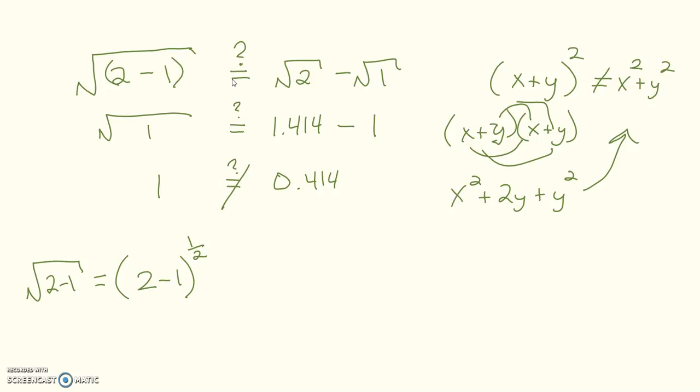Now, if I look at it like this and treat it the same way I treat things like squared, granted to the 1/2 I can't easily write out 2 minus 1 times 2 minus 1, but I can think of it as, what do I multiply by itself to get 2 minus 1? And that's what the square root means, that's what the 1/2 power means. But if you're just manipulating things algebraically, you should maybe consider learning to write radicals as fractional exponents, because that's exactly what they are, and they follow the rules of exponents.